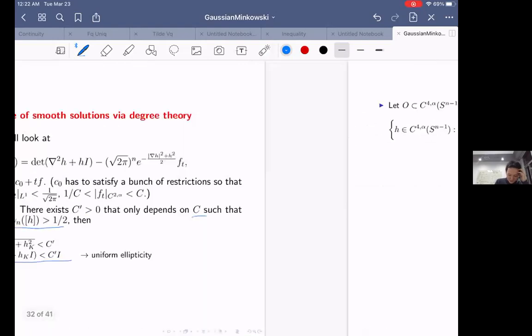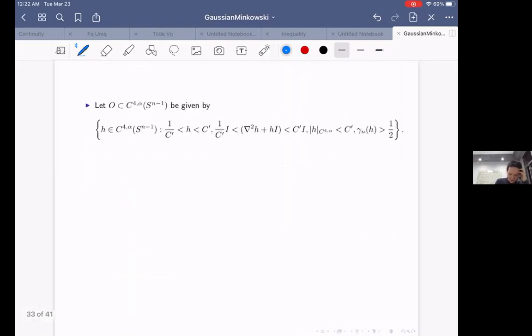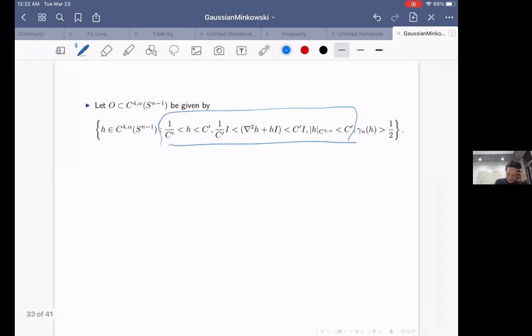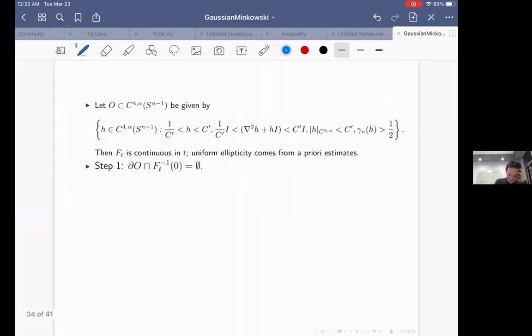After this estimate, we can define the bounded open set O by these conditions, where C prime is obtained from the estimates, and the last one is our setting to provide the uniqueness, by the a priori estimate. F_t is obviously continuous in t, and it's easy to check the uniform ellipticity.